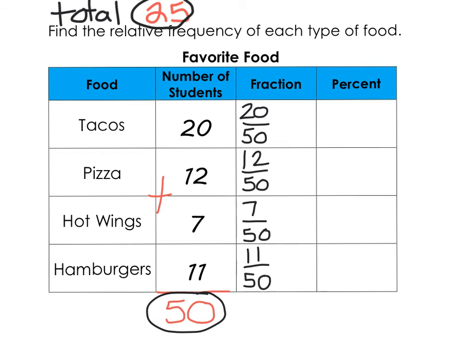And now we need to take our fraction and turn it into a percent. Now remember, we're going to set up a proportion, and all percents are always going to be out of 100. So I'm going to set each fraction equal to 100.